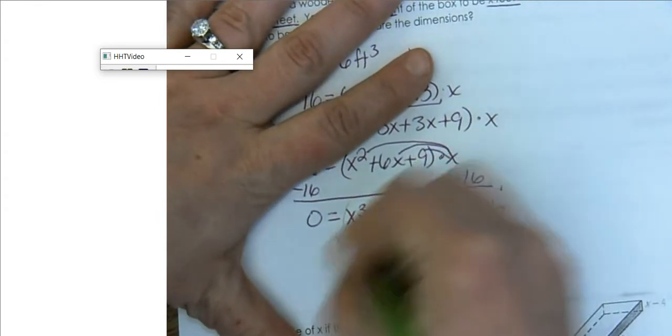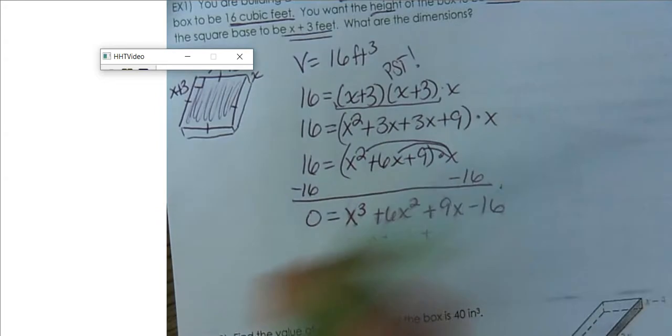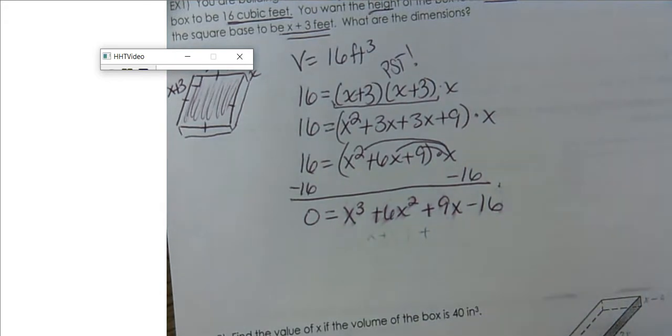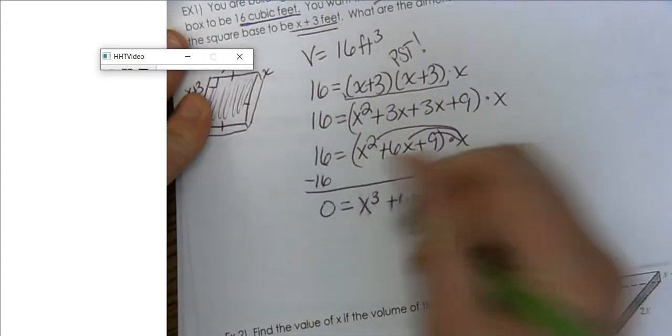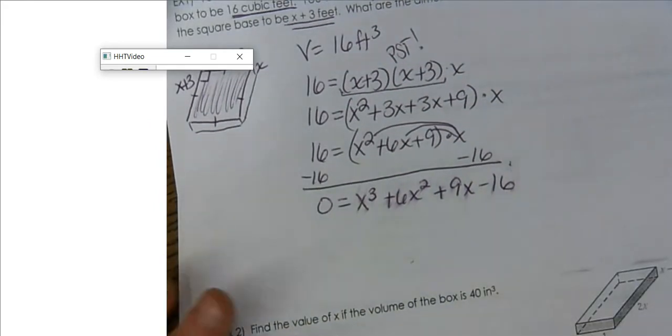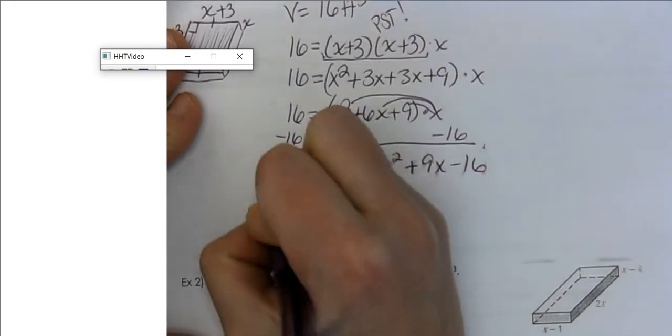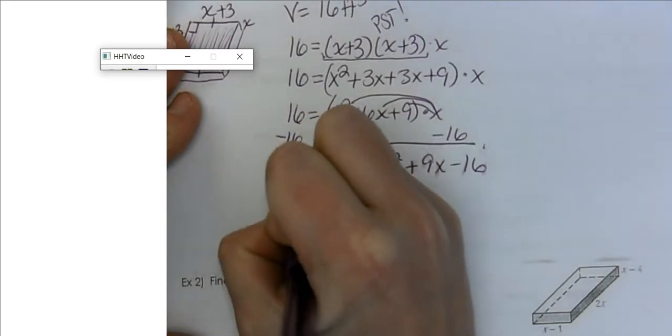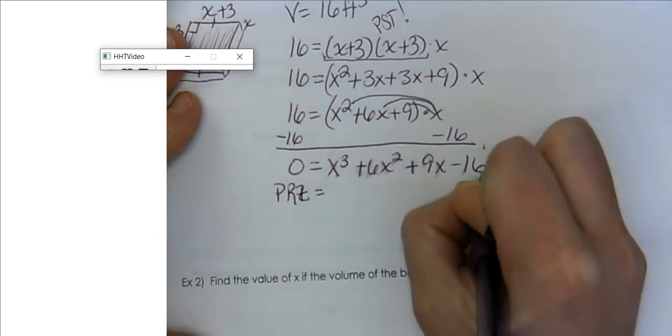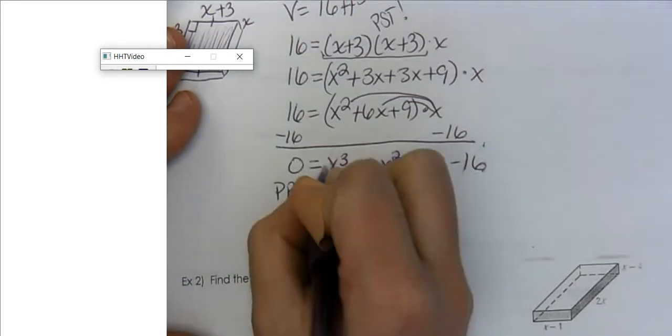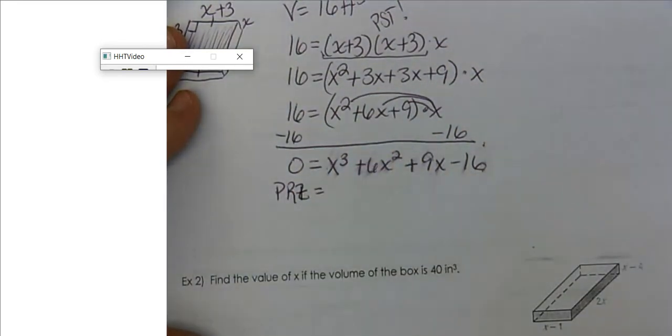Whenever polynomial equations are not factorable by grouping, we can use our rational zero theorem to identify possible rational zeros and then use synthetic division so that we can find something that works. My possible rational zeros are the factors of 16 divided by the factors of 1, and anything divided by 1 is just itself.